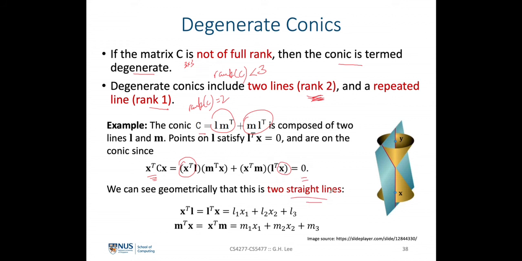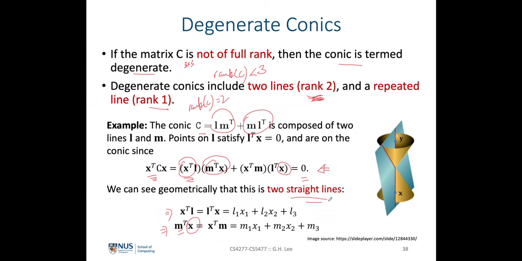And from this equation, it reveals the 2 lines, where the first term, the dot product of x and L, denotes the first line equation of L, the line, and the point that is lying on the line, as well as the second term, the dot product of M transpose and x, where M is my second line and x is the point that lies on the line.